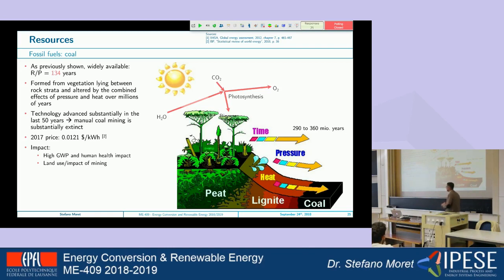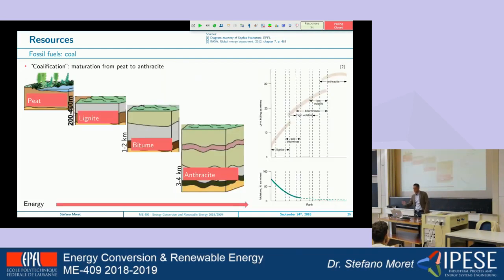So the main coal, as Francois showed before, comes from harvesting the energy from the biomass with the photosynthesis in the past, and having sediments over layers with heat and pressure have given origin to different kinds of coal. And coal is available in different qualities.